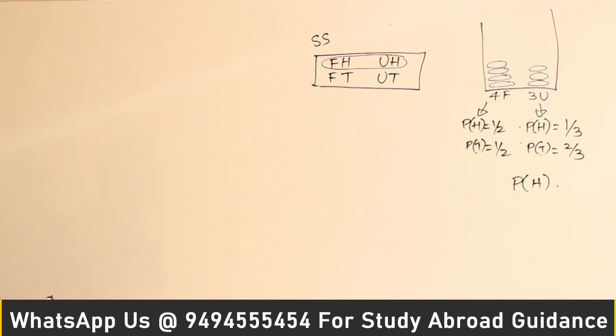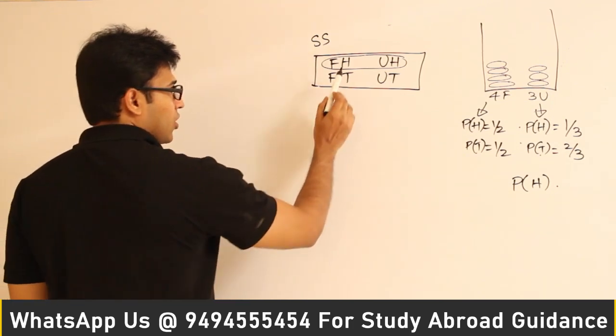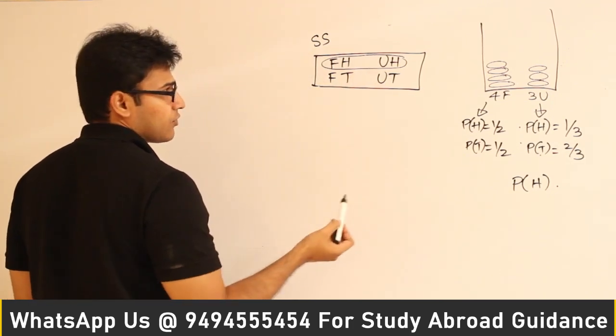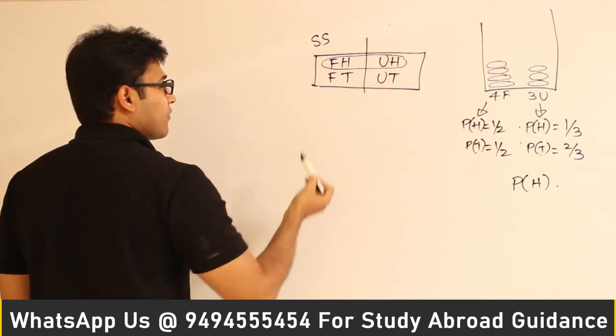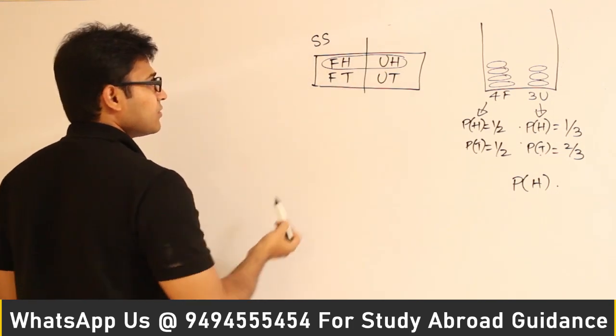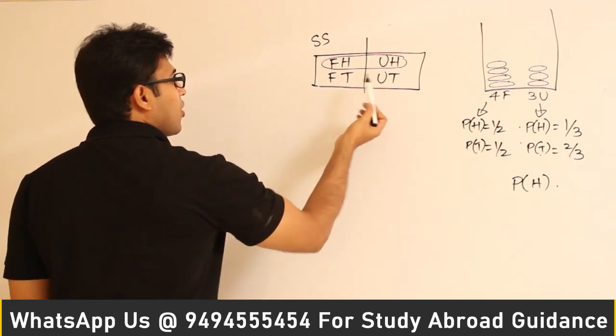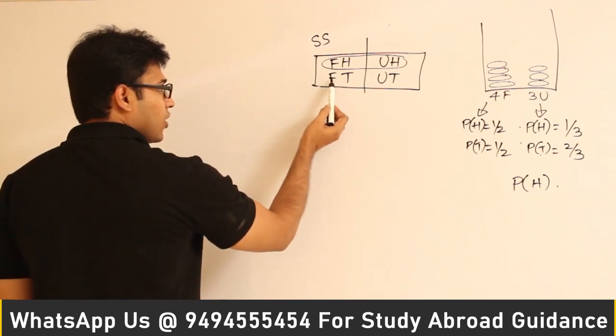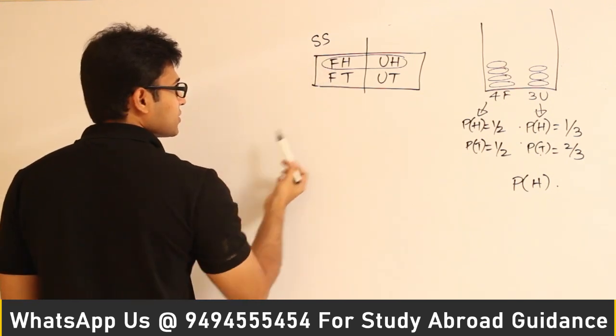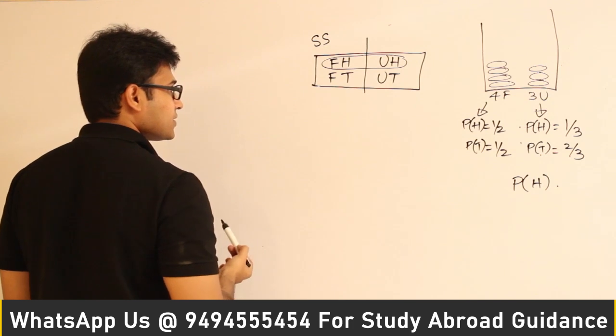Now we can go into the total probability theorem and try to apply it. How? Depending on what happens when we pick the coin, we can divide the sample space into 2 parts. When you pick the coin, the coin could be either fair or unfair. Are you getting this? When you have flipped, the coin could be fair, these 2 cases, or it could be unfair, these 2 cases.